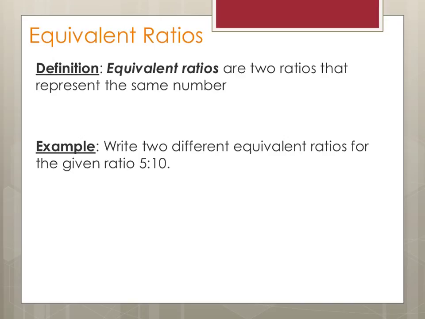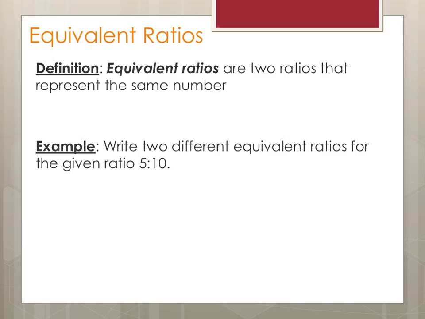Next, let's talk about equivalent ratios, or we sometimes call these equal ratios. Equivalent ratios are two ratios that represent the same number. Okay, so they're simplified or they're expanded upon to represent the same number. So in this example here, we want to write two different equivalent ratios for the given ratio 5 to 10.